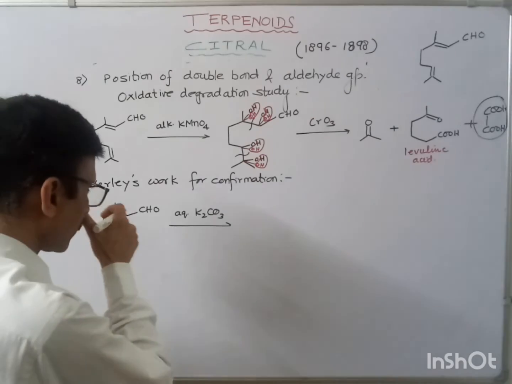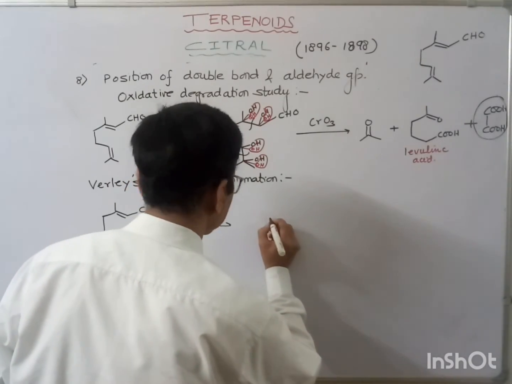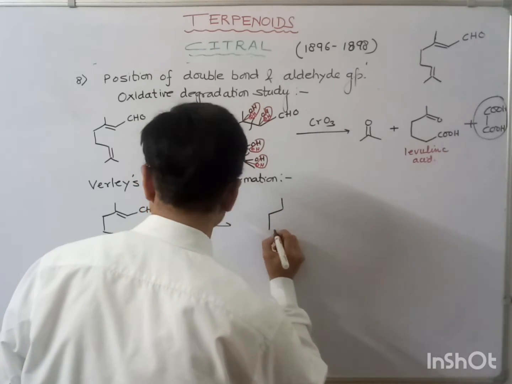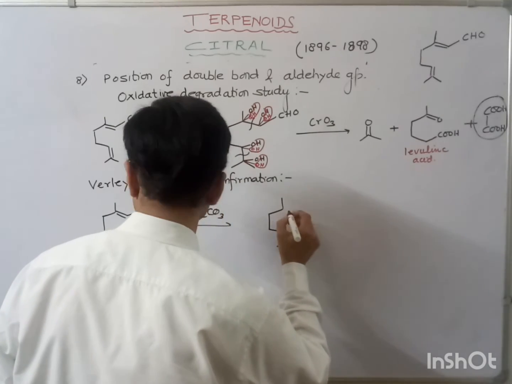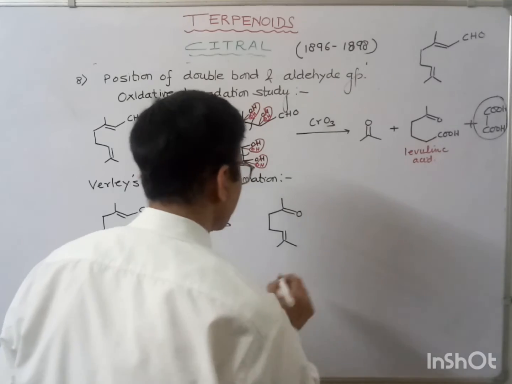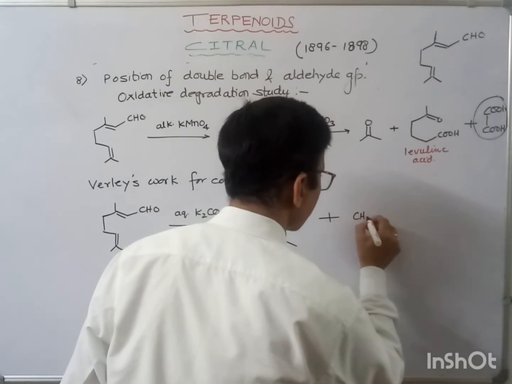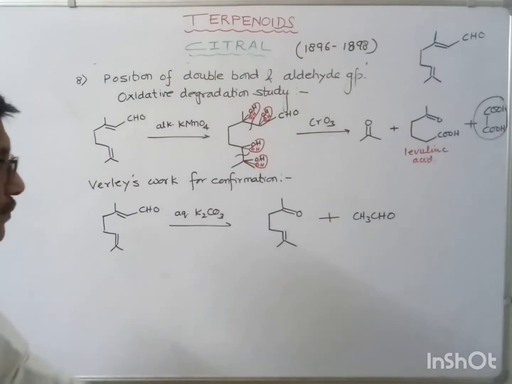So what was found out? The products that were formed were methylhexanone plus acetaldehyde. Okay, so these were the products.